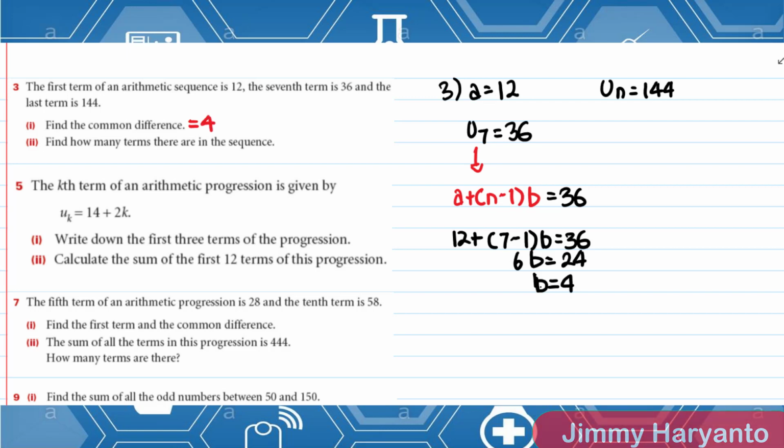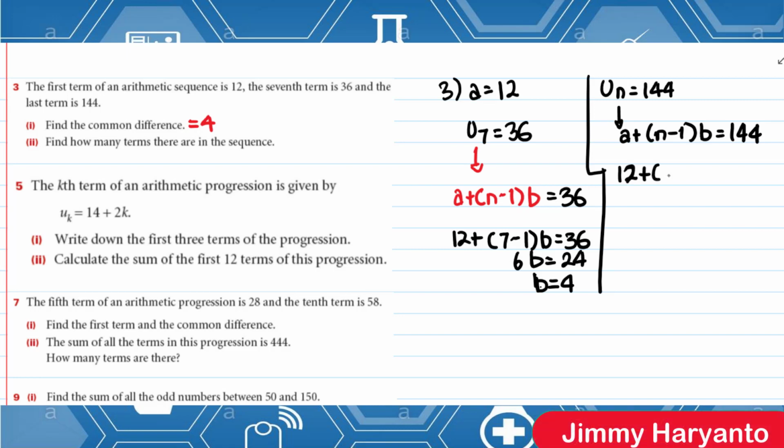And then for the second one, how many terms are there? We can use Un. Un is A plus n minus 1 times the difference, equals 144. A is 12, then plus n minus 1, which we don't know yet, and B is 4, equals 144.